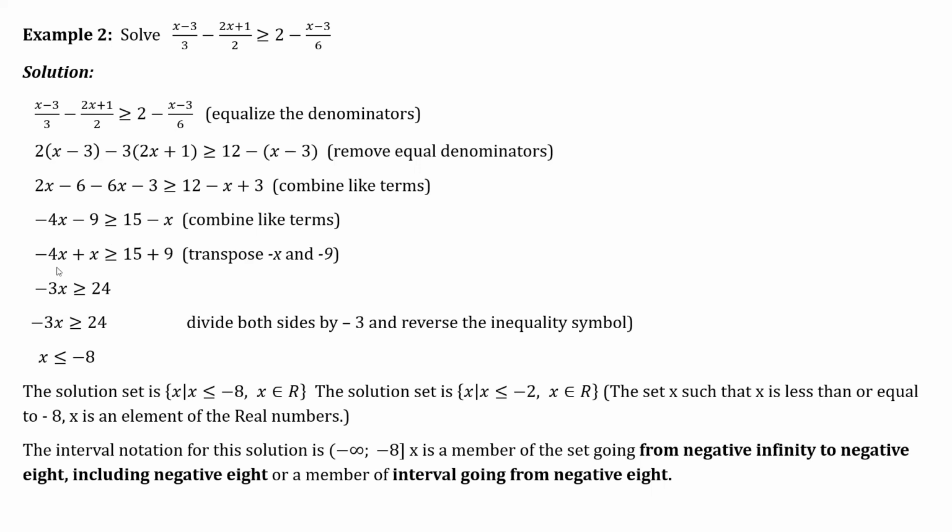Given this inequality, we divide both sides by negative 3 and reverse the inequality symbol, and we get this inequality. The solution set is the set of x such that x is less than or equal to negative 8, x an element of the real numbers.